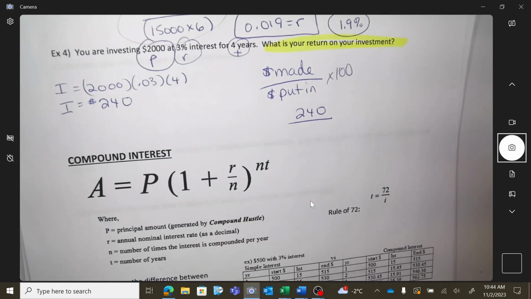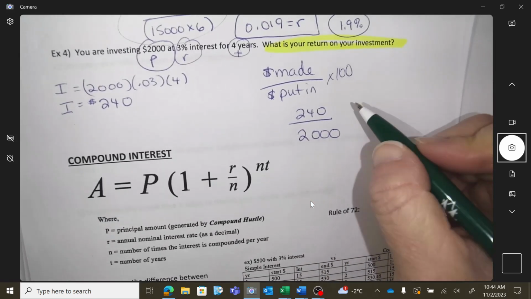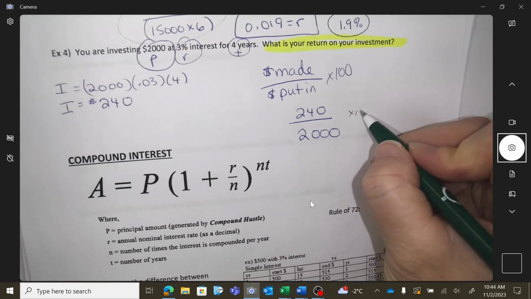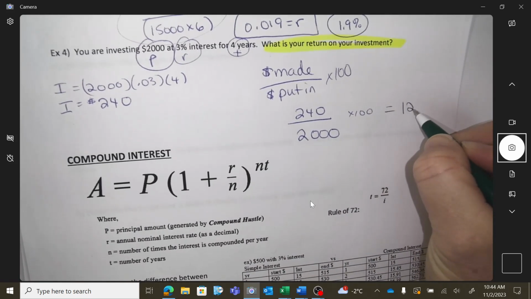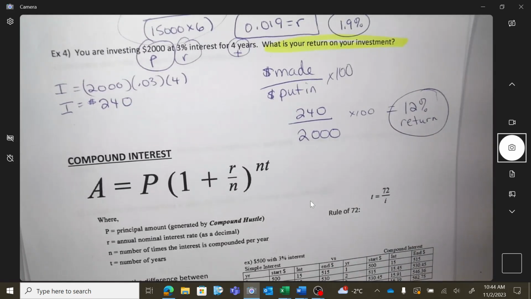That was just from the bank, right? How much money did I put of my own into this whole thing? $2,000. So there was a 12% return on my investment.